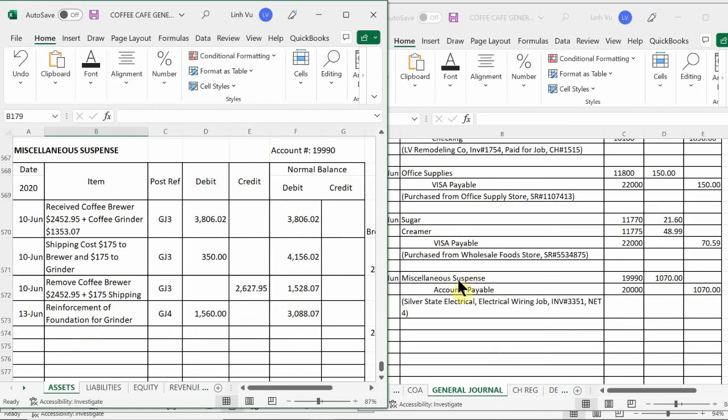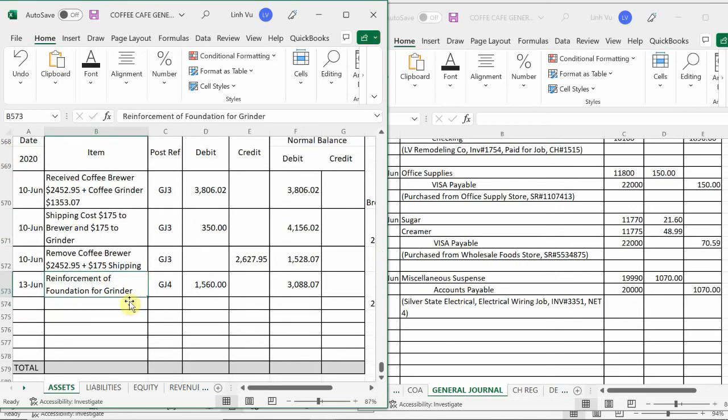Our journal that we are currently on right now is that we need to put the electrical wiring job into miscellaneous expense. Okay, so once we paid the amount, then that's when we transfer it out. No, because the next section is to transfer it out.